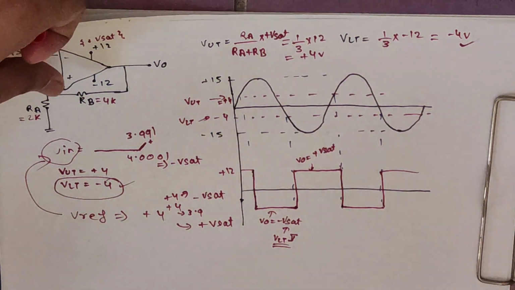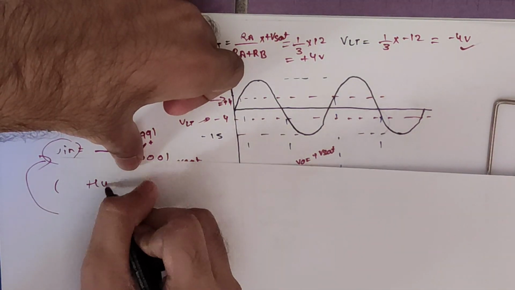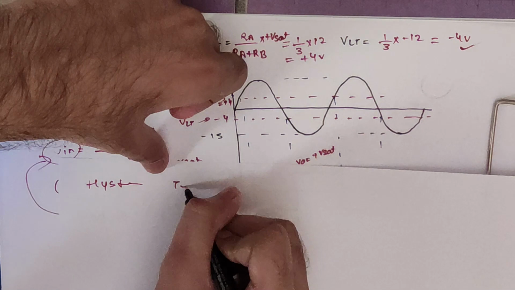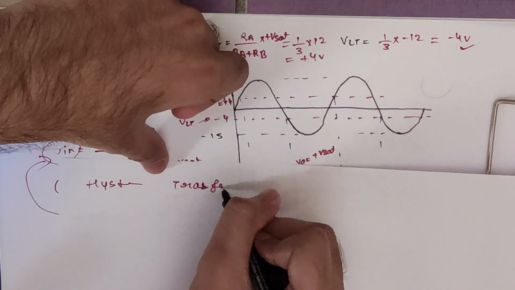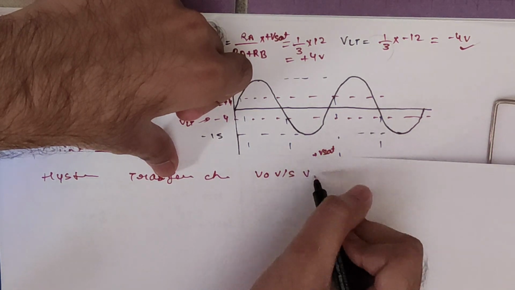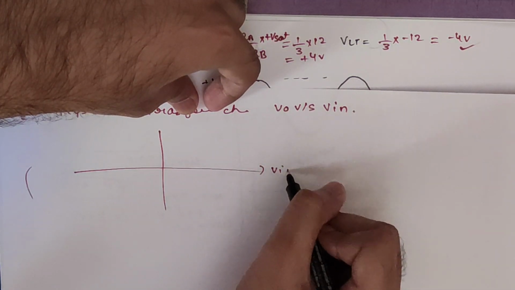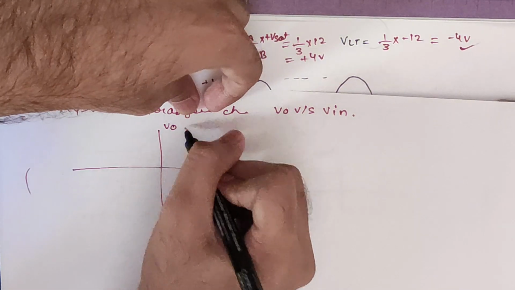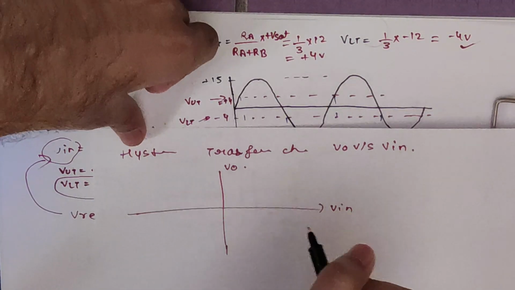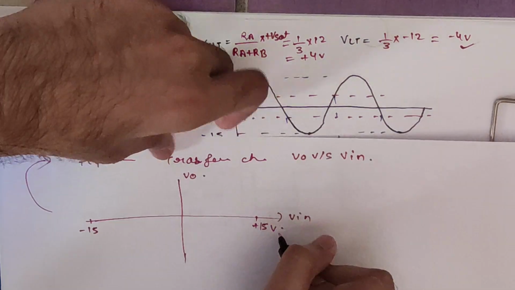Now let's draw the hysteresis curve for this Schmitt trigger. Basically the hysteresis curve is the transfer characteristic of VO versus Vin. To draw it, first you should have an input voltage axis and an output voltage axis. Let me mark my input voltage as minus 15 volt here and plus 15 volt here.